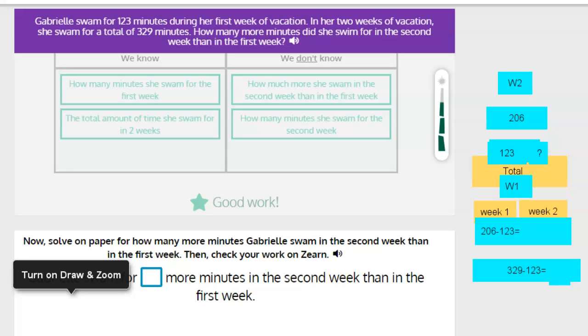Go ahead and take a few minutes to solve on your own, making sure that you are unbundling if you need to.